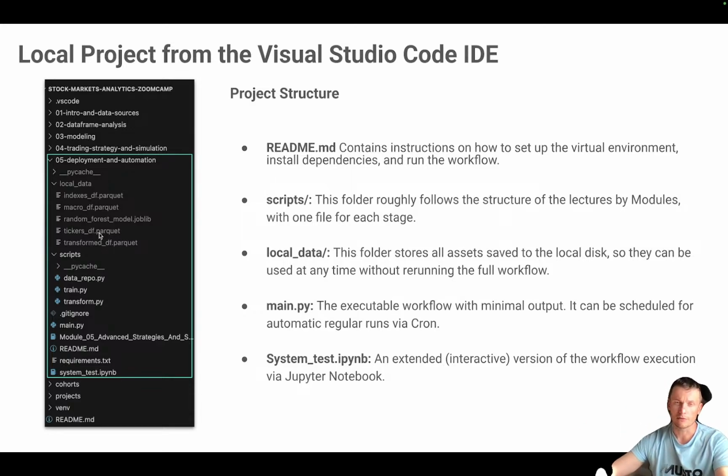On top of it, I have the transformed data frame stored in Parquet as well, and a random forest model file stored there. So if I want to rerun the workflow, or simulate it or adjust it, I can just load some of the files, and I don't need to perform these lengthy operations every single time.